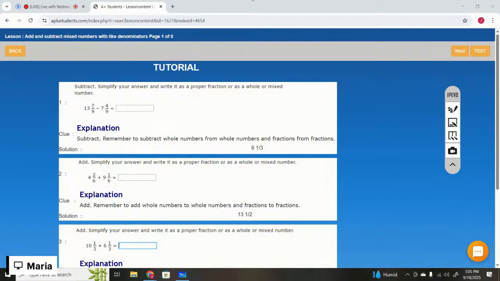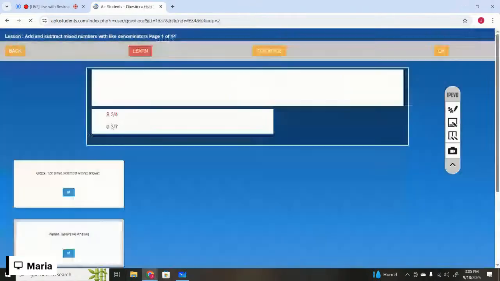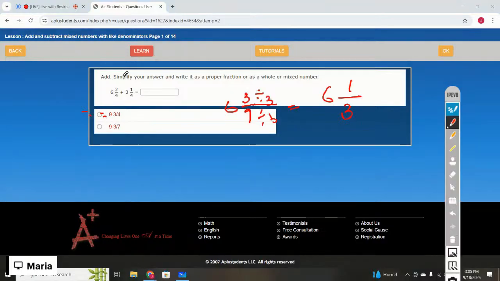Let's just start with the test questions. Add 6 whole 2 by 4 plus 3 whole 1 by 4. So both the fractions have exactly the same denominator, that is 4, right? So you can add the whole numbers.